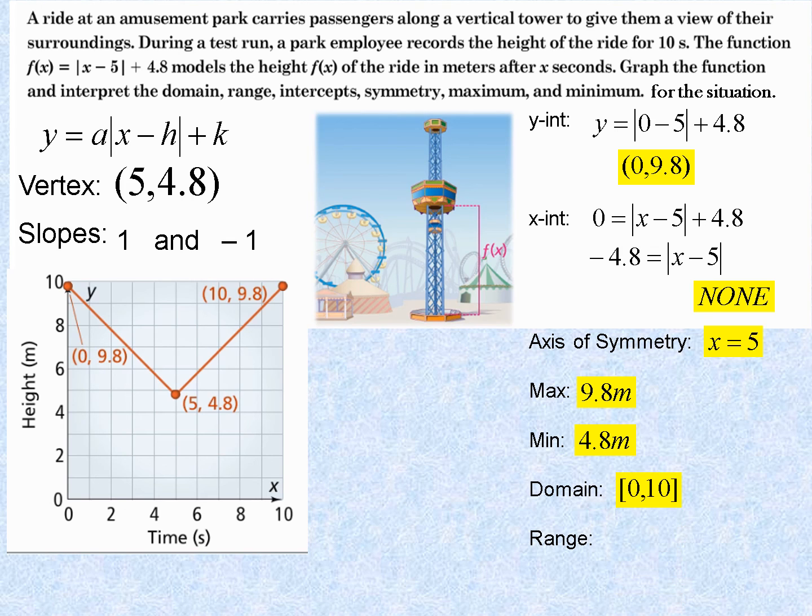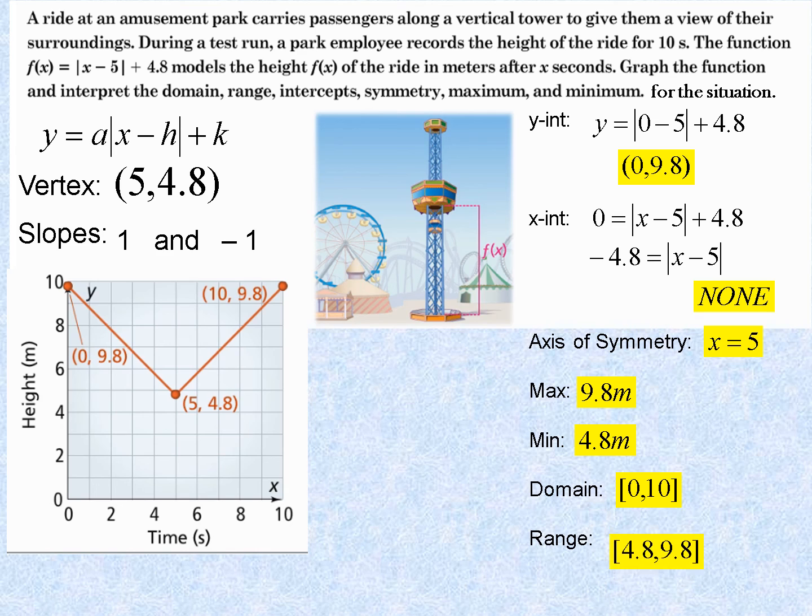Now, the domain of this function is 0 to 10, because it's not the domain for the equation, it's the domain for the situation. Well, the ride was only 10 seconds, so from 0 to 10, that's the only domain I have data for. So 0 to 10, because it's a precise moment in time.